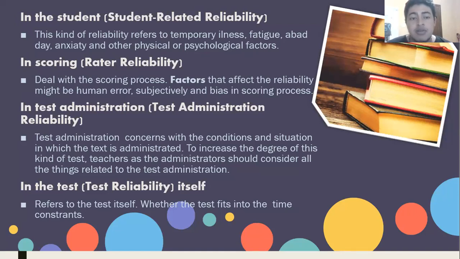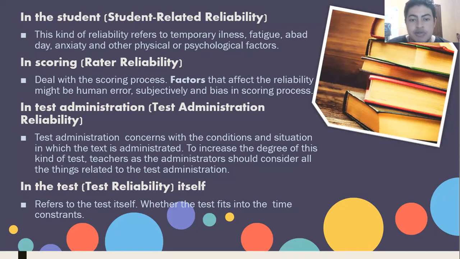This kind of reliability refers to temporary illness, fatigue, a bad day, anxiety, and other physical or psychological factors. Rater reliability deals with the scoring process. Factors that affect reliability might be human errors, subjectivity, and bias in the scoring process.